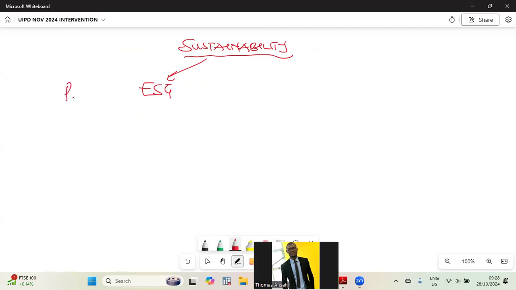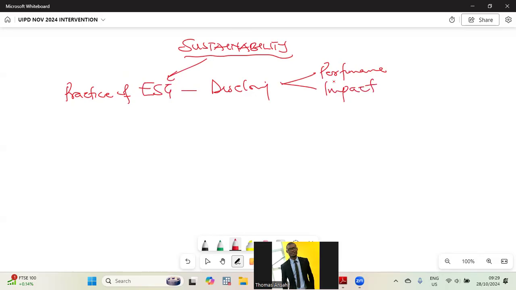So the practice of ESG, that is what sustainability is about, the practice of your ESG, and therefore disclosing your performance and your impact on that practice. That is all. So you have been doing the ESG. How have you been performing? Have you done it well? And how is the impact of what you are doing?